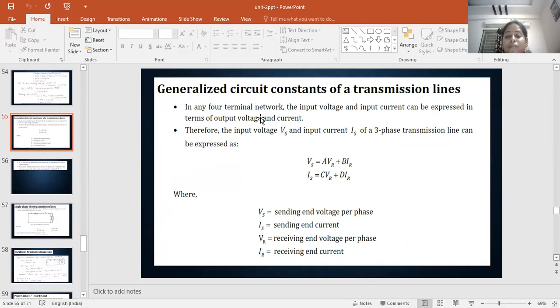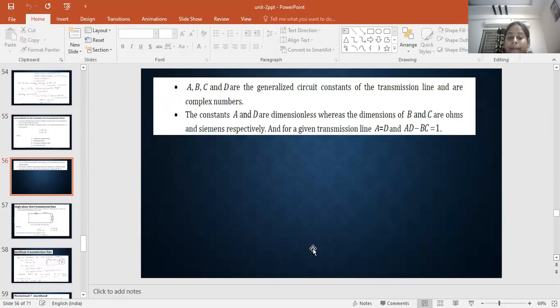See here, in the four terminal networks, the input voltage and input current can be expressed in terms of output voltage and current. And here Vs is the sending end voltage per phase, and Is is the sending end current, and VR is the receiving end voltage, and IR is the receiving end current. A, B, C, D are the generalized circuit constants of the transmission line and are complex numbers.